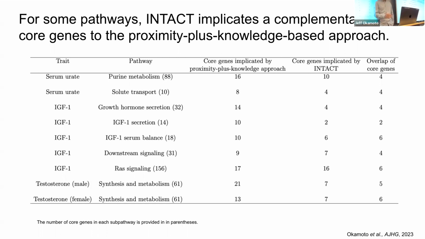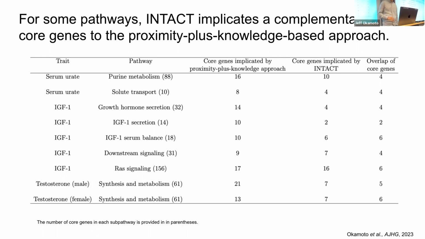If you scan this table, at least in comparing this column to this column, you can note that the proximity plus knowledge-based approach appears to be implicating more core genes than the INTACT approach. But there are still cases where INTACT is implicating more core genes that the proximity plus knowledge-based approach is not. We've come up with a few reasons to explain this discrepancy.